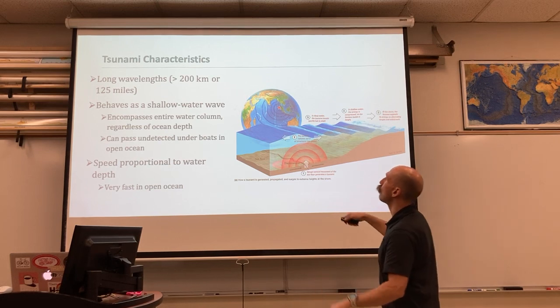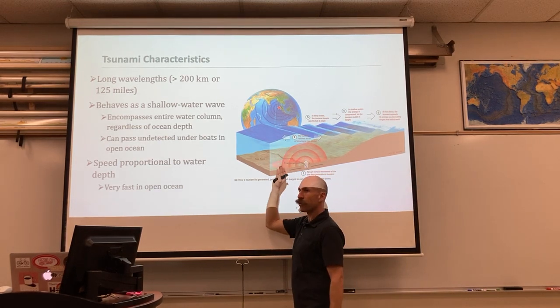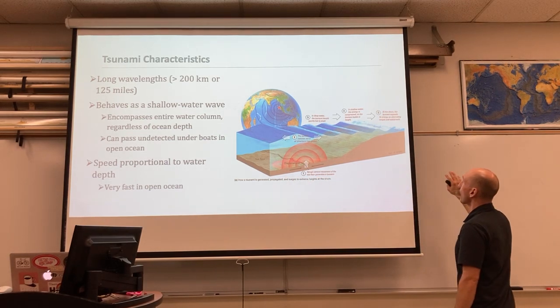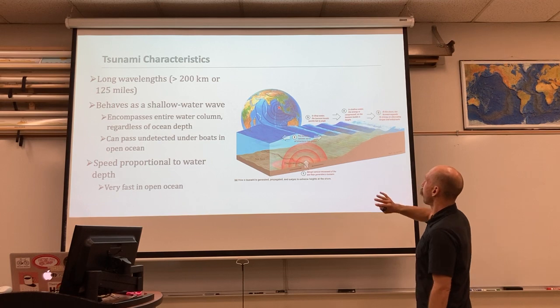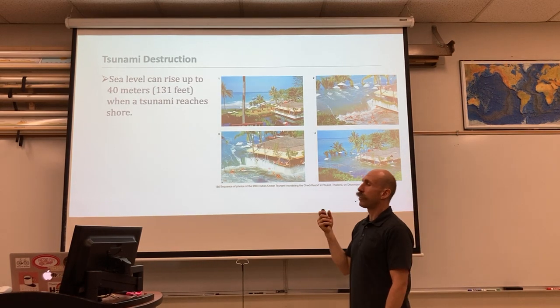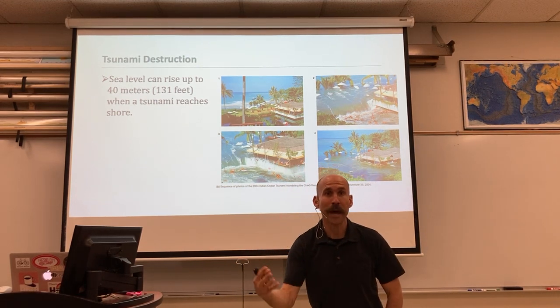These ones are huge, and their speed is proportional to the water depth. So in the deep ocean, they move super, super fast. They're very hazardous, very destructive because they're huge waves.